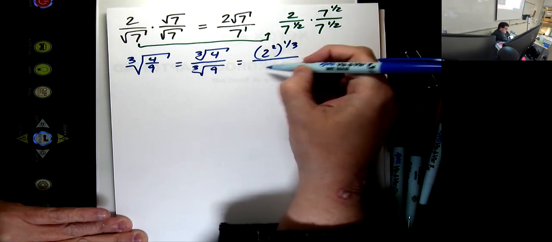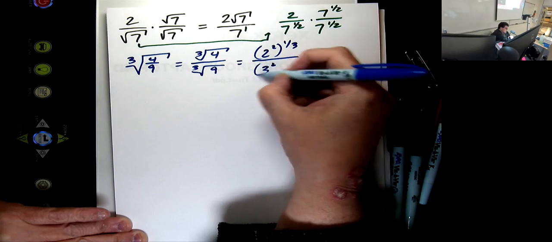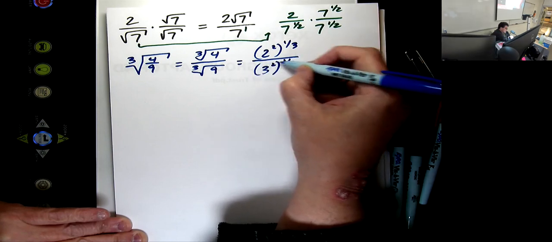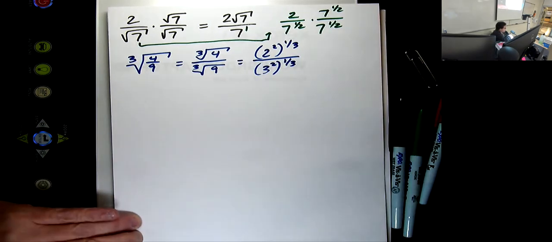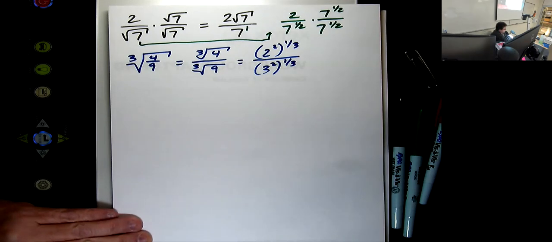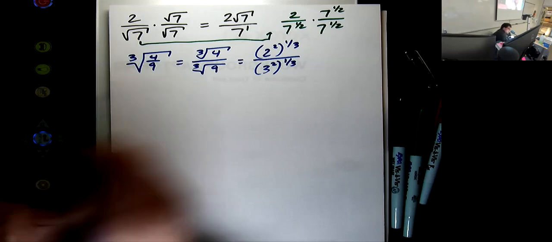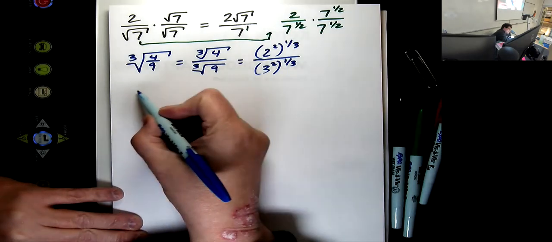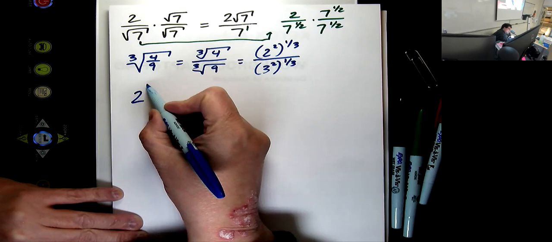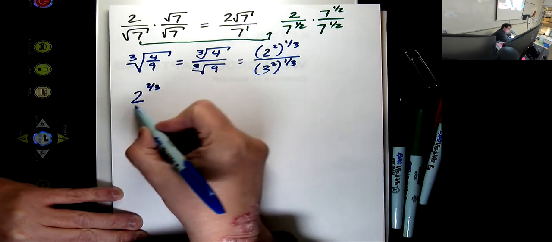And 9 is 3 squared, and that's to the 1/3 power. So the top, if I multiply that, I've got 2 to the 2/3 over 3 to the 2/3.